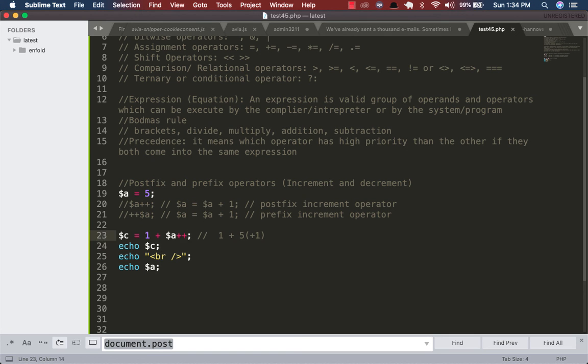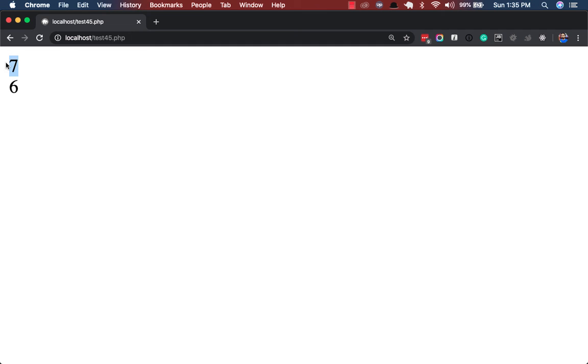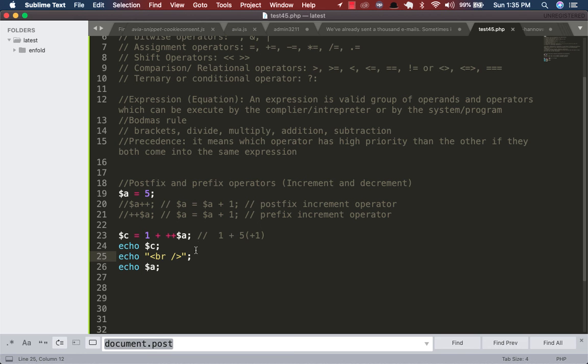Now if we make it prefix, now it becomes 7. So this is the main difference between prefix and postfix operators.